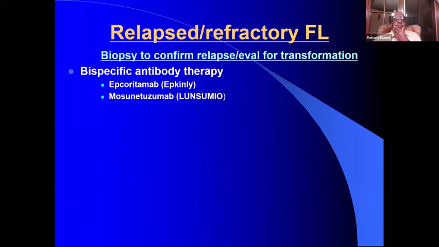So here, as I said, we need to do a biopsy. And here are the options for refractory disease: bispecific antibody therapy. You remember we said anti-CD3 and anti-CD20, so bispecific. So this is BiTE.